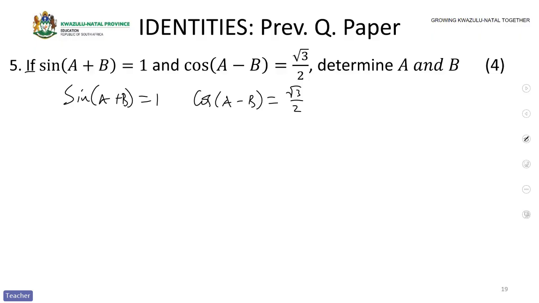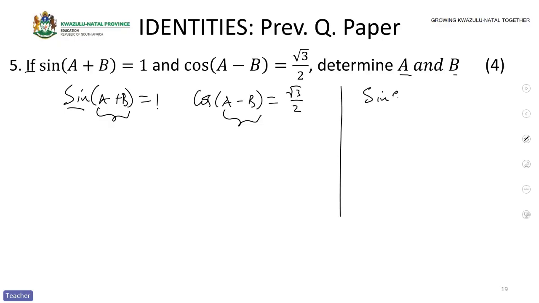Of course, determine the value of a and b. So here it's an application of your special angles, learners. When I paraphrase it: what angle must a plus b be, of sin, that can give us 1? What angle must a minus b be, of course, that will give us the square root of 3 over 2? I want to believe I just spoke about it.